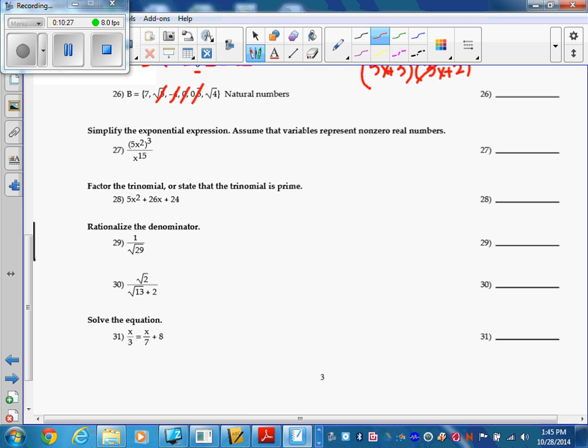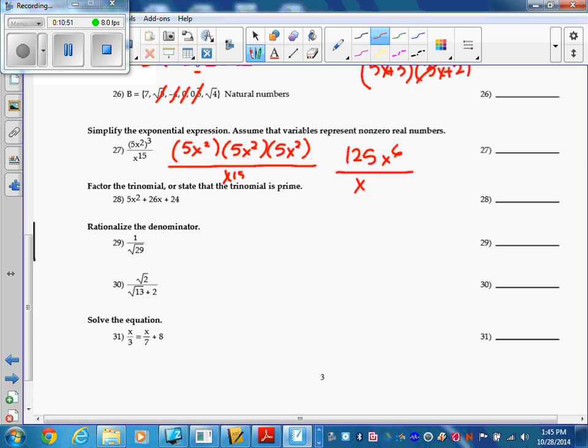Okay. So in this one, you have to remember that you're going to do 5x squared times 5x squared times 5x squared over x to the 15th. So 5 times 5 times 5 is 125. And x to the 6th.